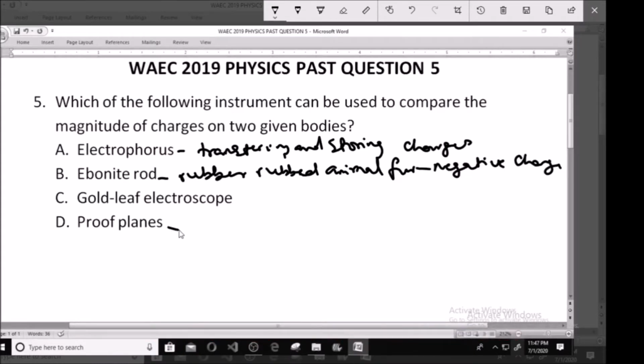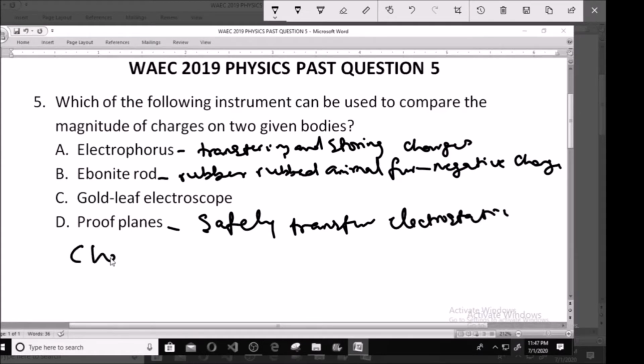Whereas proof planes are devices that can be used to safely transfer electrostatic charge. If you want to safely transfer electrostatic charge from one body to another, you use proof planes. So from one body to another, that's what you use proof planes for.